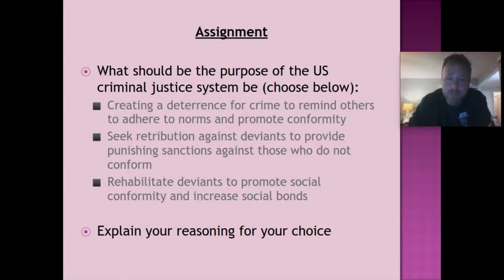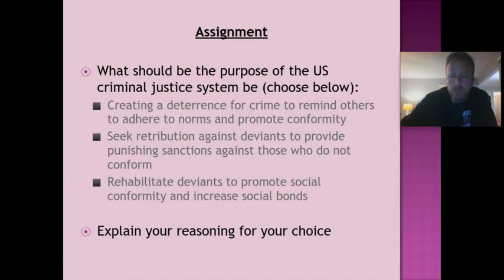And then last, to rehabilitate deviants to promote social conformity and increase social bonds. All right. So this idea, the rehabilitation. We obviously should be, but should the focus be to rehabilitate those that are in there? And that becomes the question. There's so many layers to this.